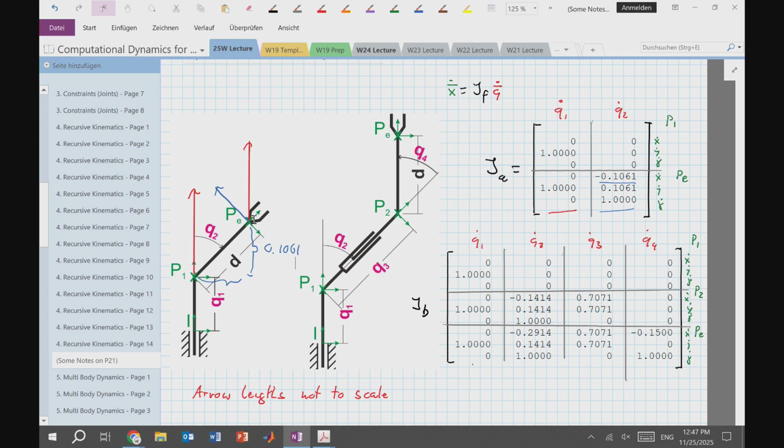Yes, I think Q2 at 90 degrees. If I do Q2 90 degrees, then a motion along Q1 is going to move me straight up, and the motion around Q2 is also going to move me straight up.